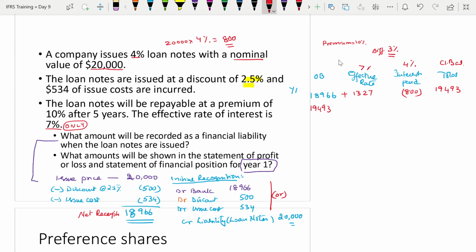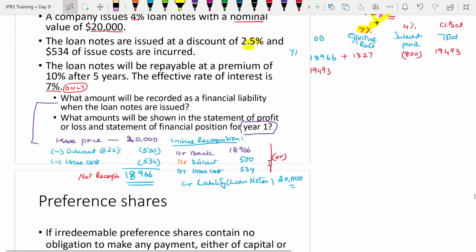This 7% and this 3%, if you add them, it will give you the premium. Is it right? Yes. Fine. Are you clear about this?